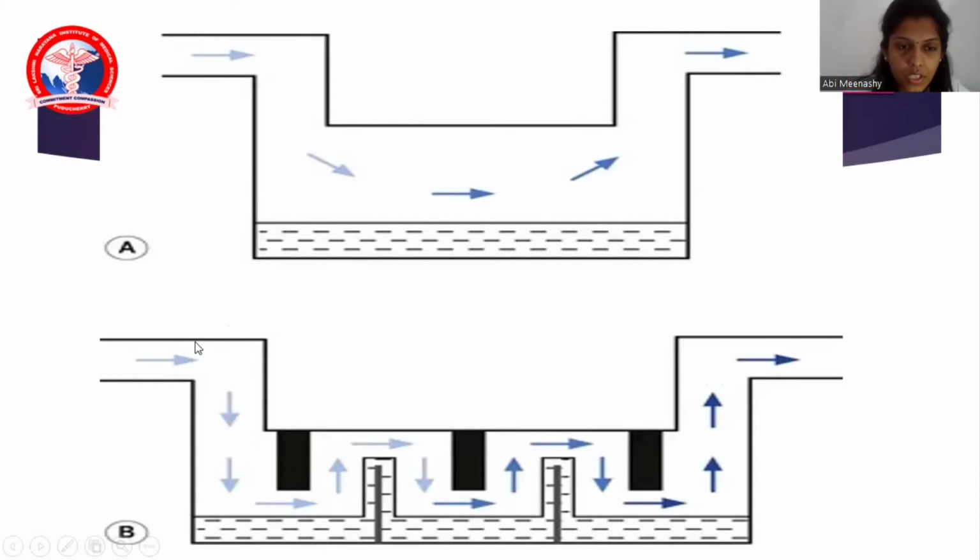So your fresh gas flow comes like this, has to go up and down and up and down. This will increase the time of vaporization, also will increase the surface area of contact. As it goes up and down, it will get more saturated. When compared to type A, in type B, fresh gas flow gets more saturated with the inhalation agent. That is the idea behind the vaporizers.